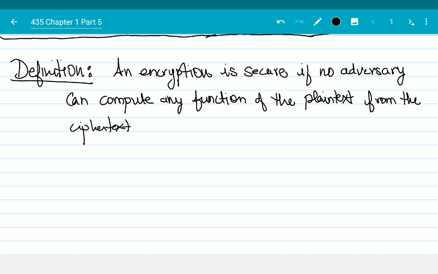i.e. what does that exactly mean? What does it mean by any function of the plain text?